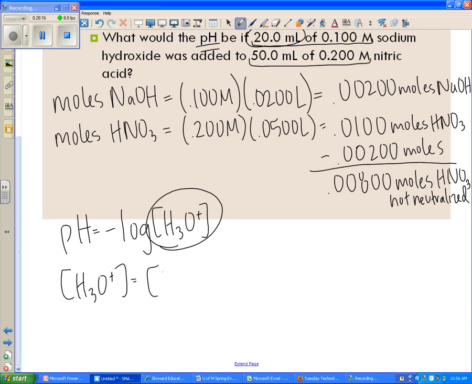Equal to the concentration of the acid. So we need to know what concentration of acid we have that is not neutralized.